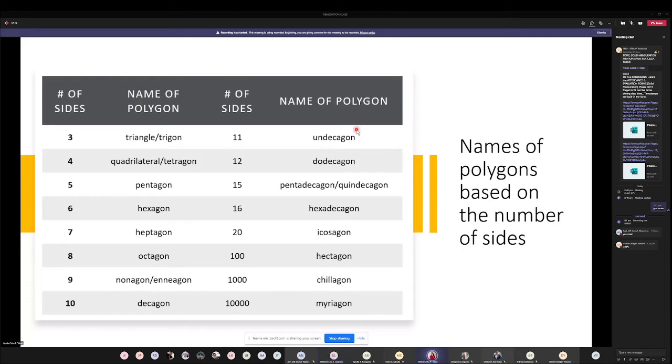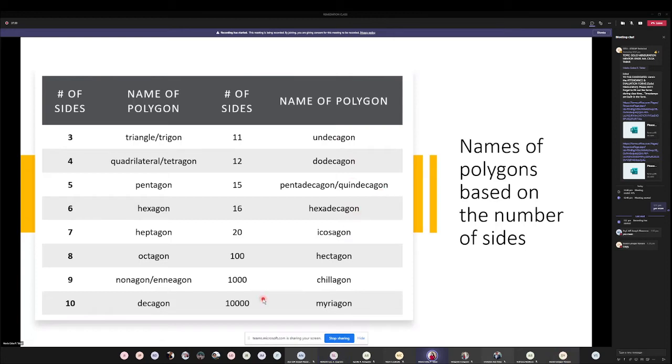We have a new common suffix, which is decagon, up to 16. I did not place here everything, from 13, 14, 17, 18, 19, but basically this is the pattern. The suffix used is decagon, which means 10.